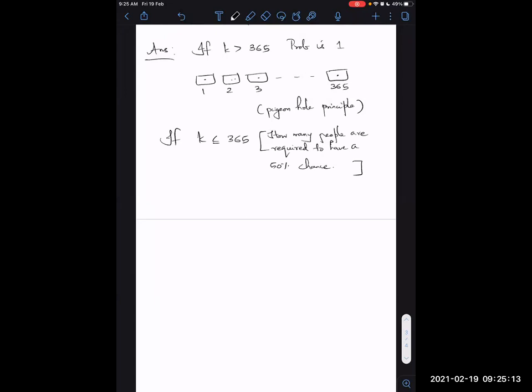If people have seen this before, please don't answer this question. What do you think this answer would be around? How many people do we need so that there's a 50% chance that two people will have the same birthday? Looking at the scale of the problem, students, please guess values in the chat box. 365 is a fairly large number.